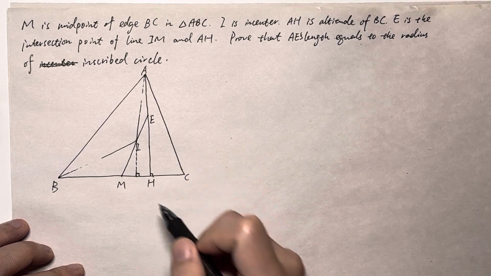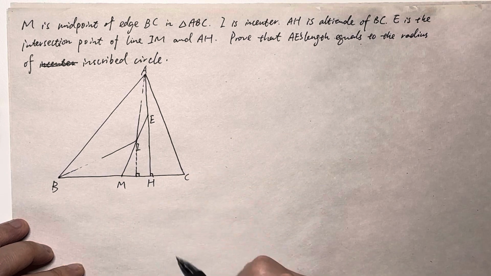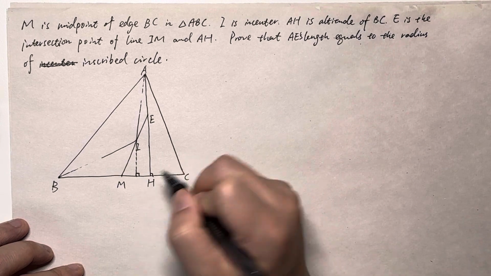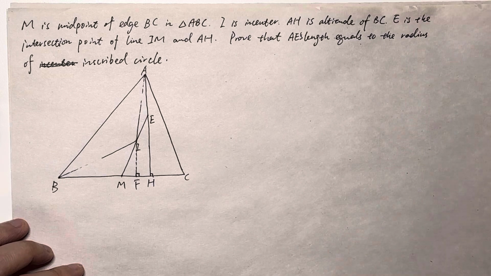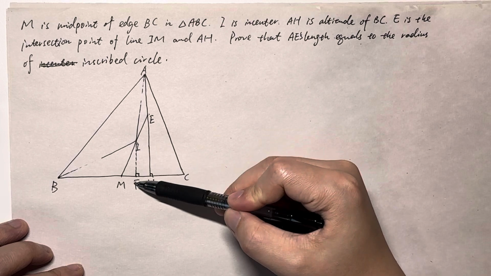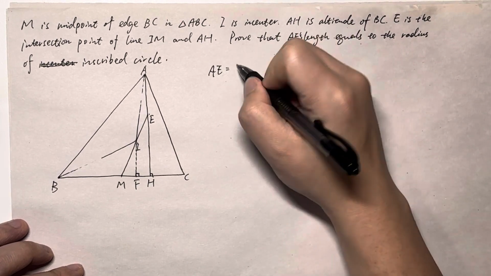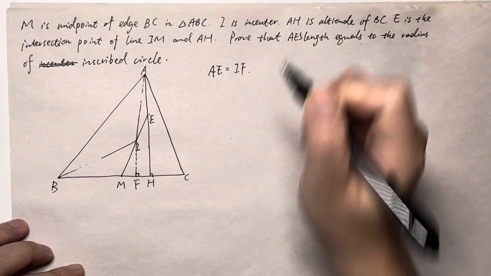We project from I to BC and call the foot F. So basically we want to prove that AE equals IF.